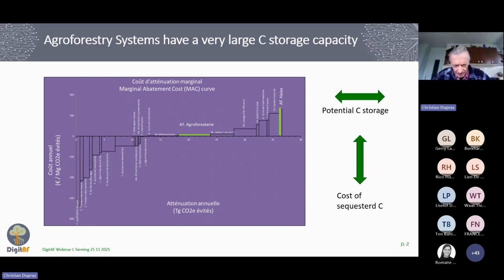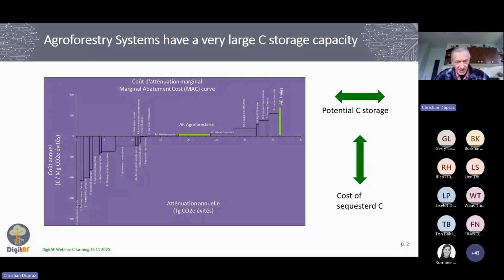And you see that on the x-axis, it's the quantity of carbon that can be stored, and on the vertical axis is the cost of storing that carbon. And for agroforestry, we have two options. We have hedges on the far right of the diagram, and inside parcels agroforestry in the middle.